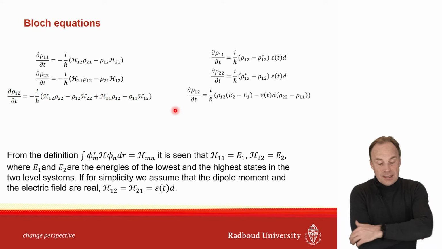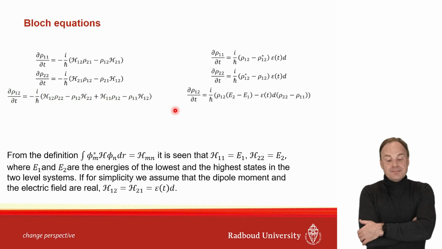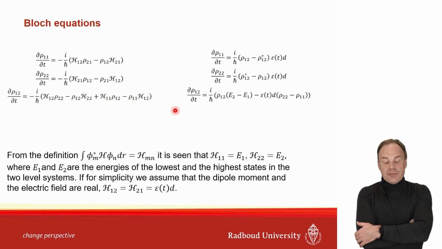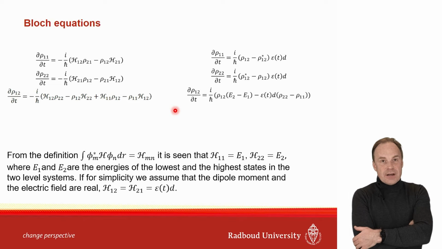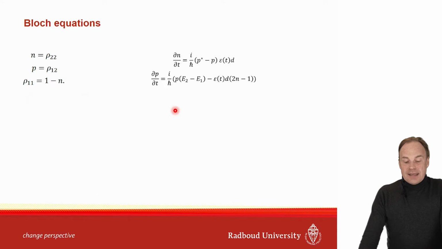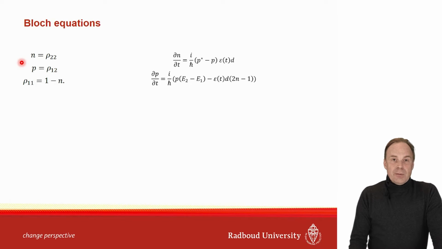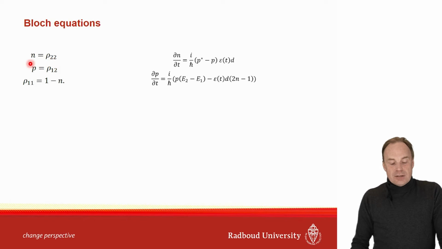Now it is very important to remember again that each of the elements of the density matrix has a very clear physical meaning. One of the diagonal elements, rho 2,2, is basically the population of the excited state. Let's call it n.